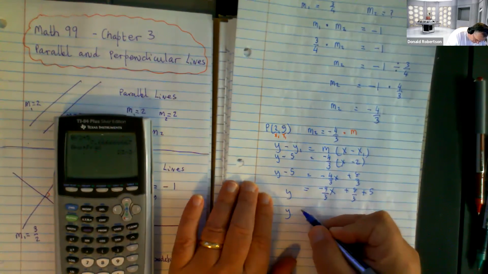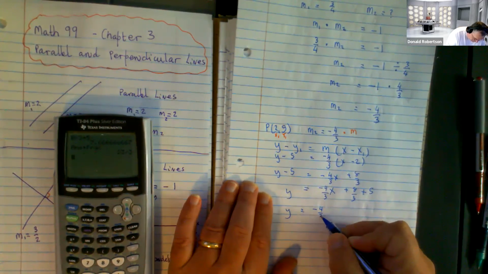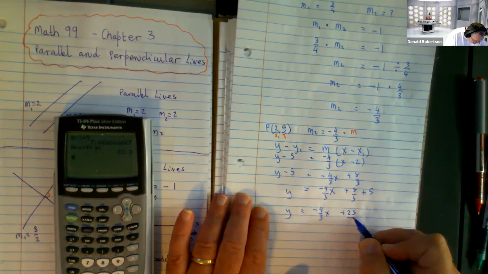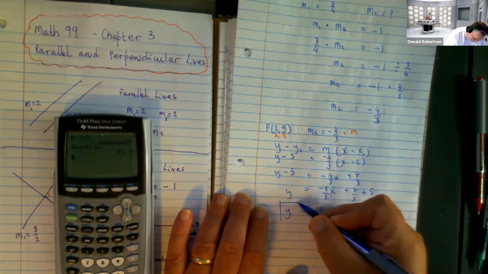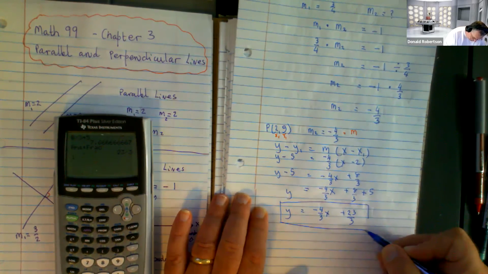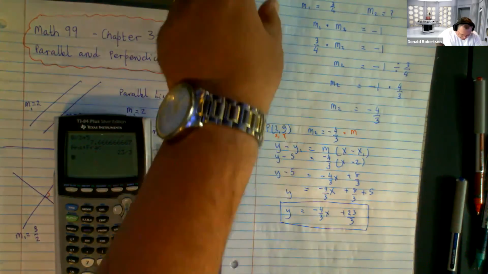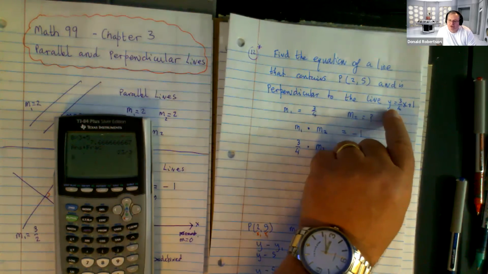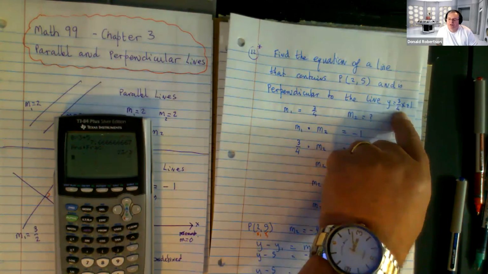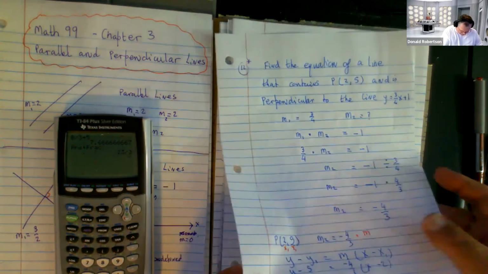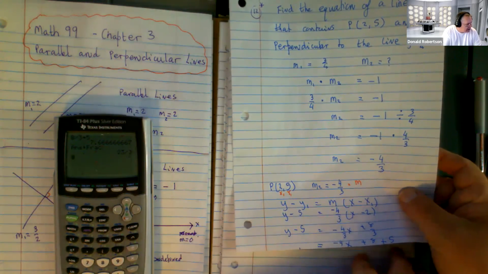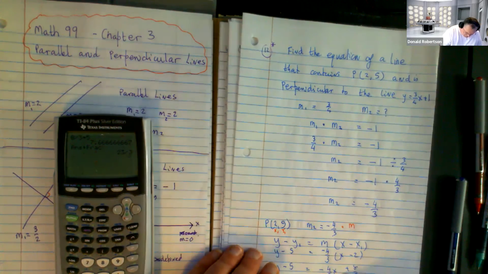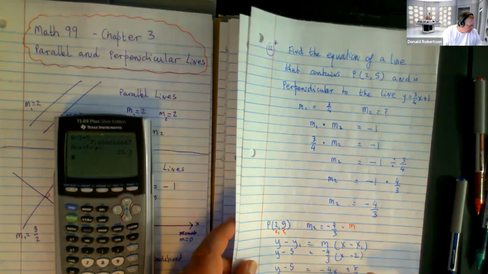So y is equal to negative 4/3 x plus 23/3. And that's you finished. So that's the equation of a line that passes through this point and is perpendicular to this line. That's the approach that you would use. And anytime you get a question that looks like this, do it the way I did question 12.